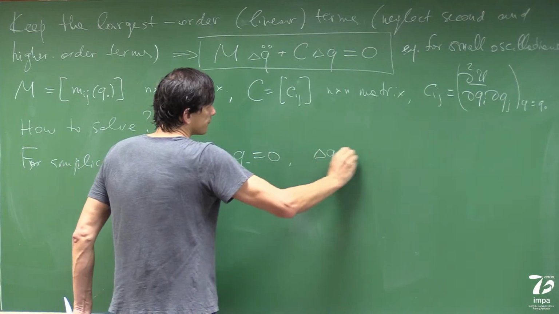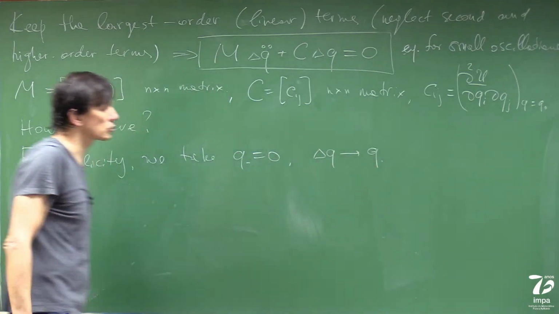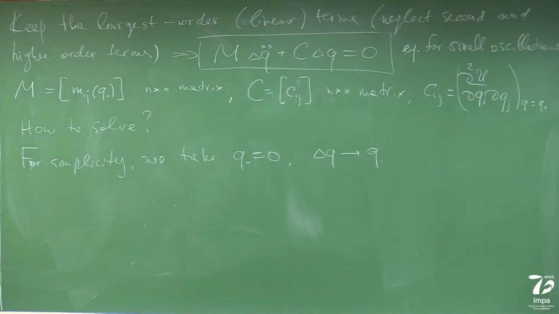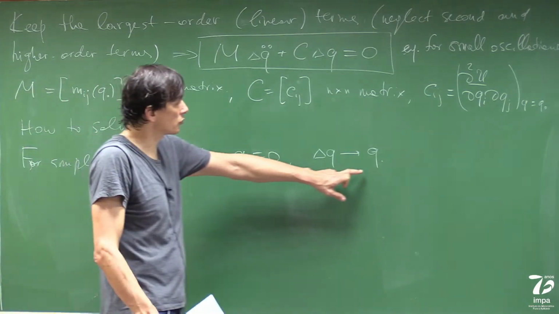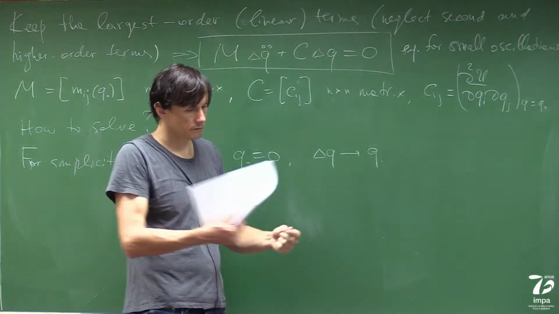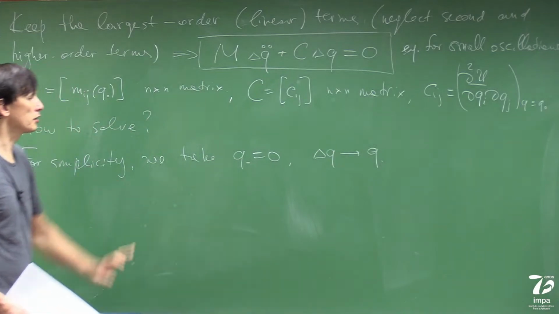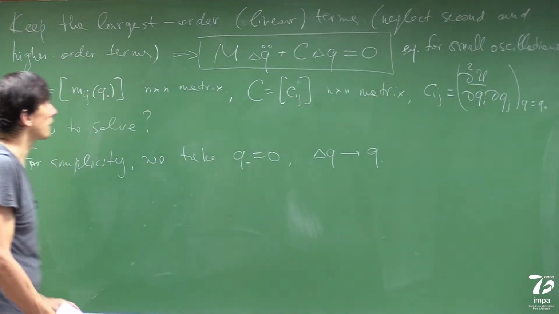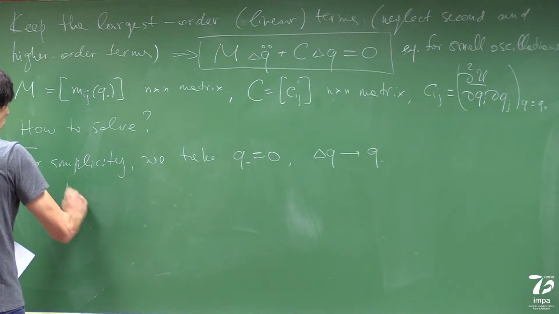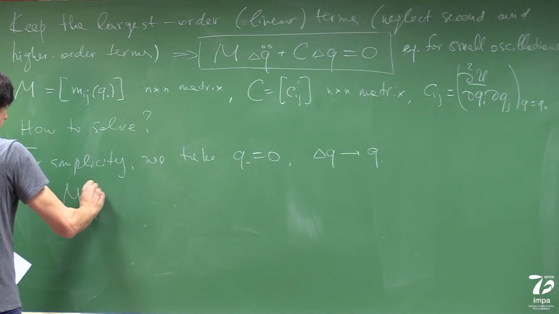I just don't want to keep delta all the time. But remember that whenever we work with small oscillations, q almost always means deviation from equilibrium. I just say let's put the origin at equilibrium, then I don't need to keep delta every time. So we have to solve these equations.